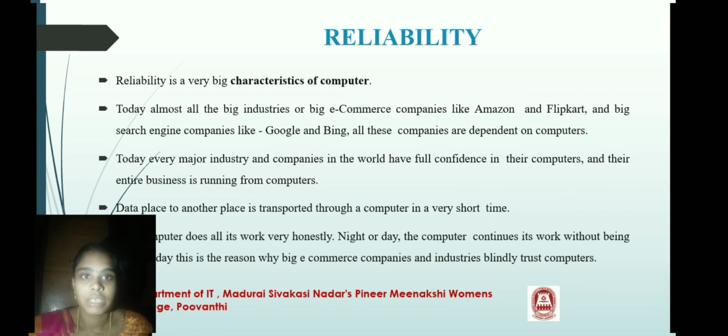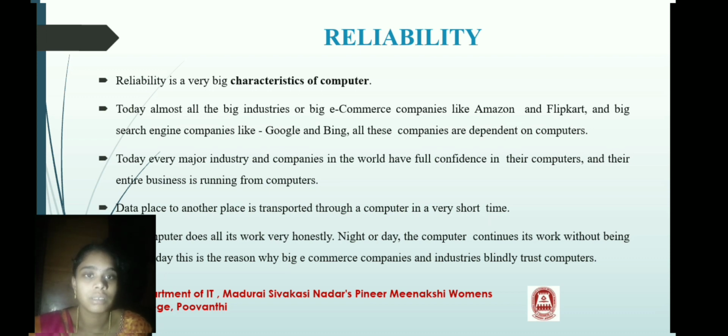Amazon and Flipkart, and big search engine companies like Google, Bing, Yahoo, all depend on computers, because they trust computers.